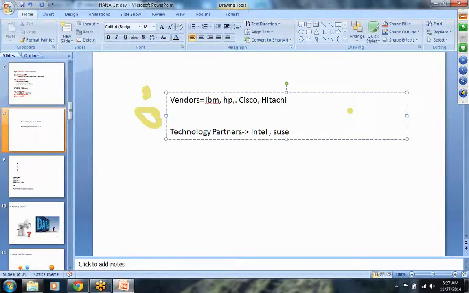So these are technology partners, and the vendors are IBM, HP, Cisco and Hitachi. So these are the vendors. When actually SAP is purchased by customer, he is not receiving any hardware from SAP, but the vendors like Cisco, Hitachi, and IBM, they actually provide the hardware.